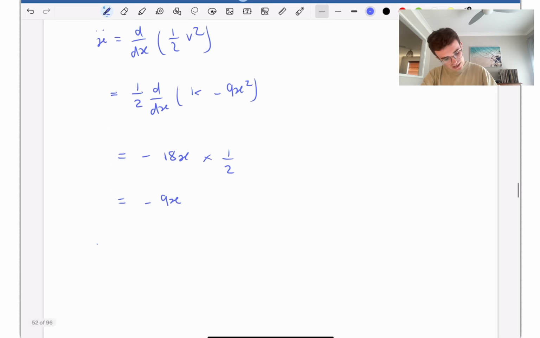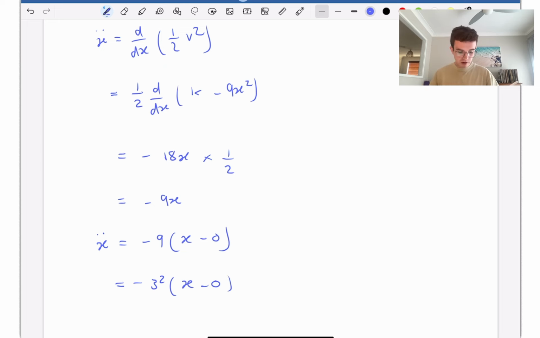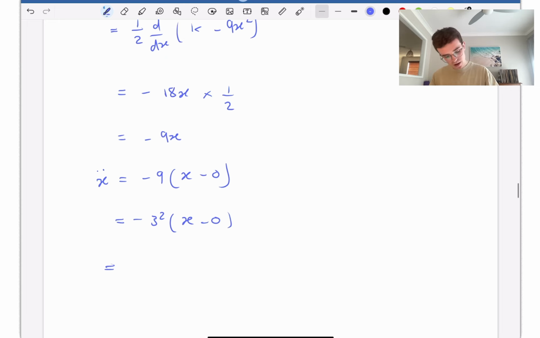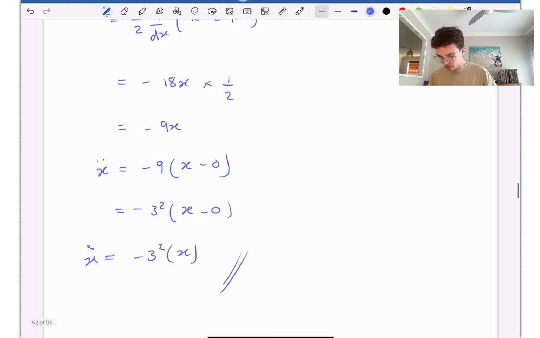And we want to put it in a simple harmonic motion form, so it's going to be minus 9. If we really want to be annoying, we could do that just to show you it is in simple harmonic motion, which is minus 3 squared x minus 0. But who can be bothered to write that 0? So we're going to say minus 3 squared times x. So therefore, it's in simple harmonic motion. n is equal to 3, period is 2 pi on n, which is 2 pi on 3.